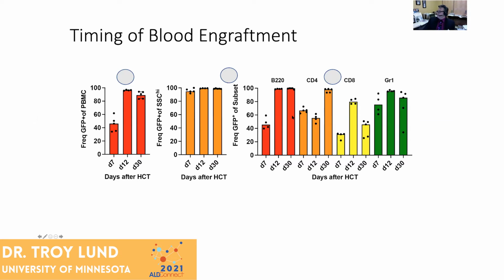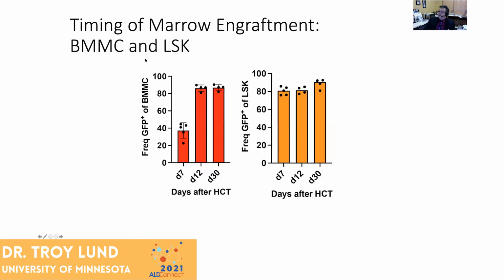And then we have a breakdown of lots of different cells on the right panel. B220 is B cells, CD4 and CD8 are types of T cells, GR1 is granulocytes. You can see there's a certain trend towards engraftment, which concludes with nearly 100% engraftment by day 30. So that's interesting. This is pretty standard stuff. It's been known for decades.